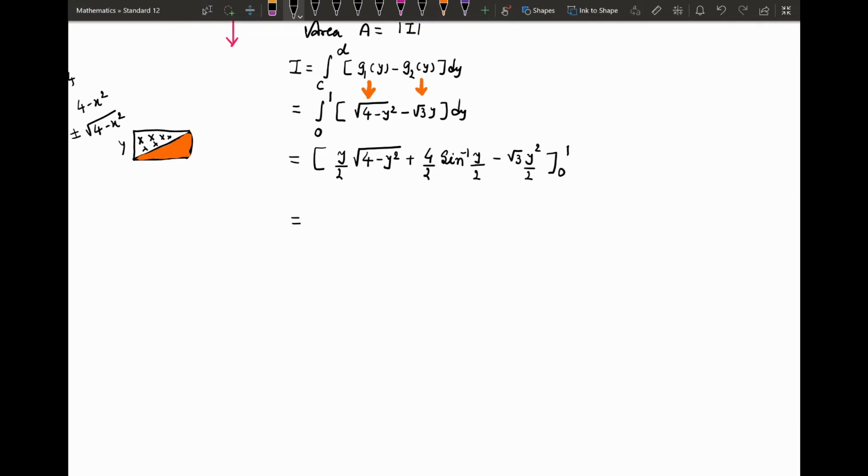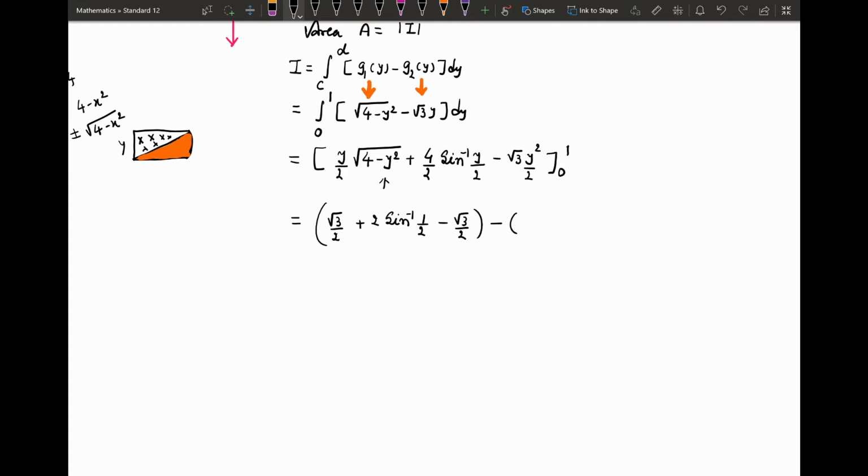First put upper limit. So here when we put y equal to 1, 4 minus 1, root 3 by 2, plus 2 sine inverse y equal to 1, sine inverse 1 half minus root 3 by 2.